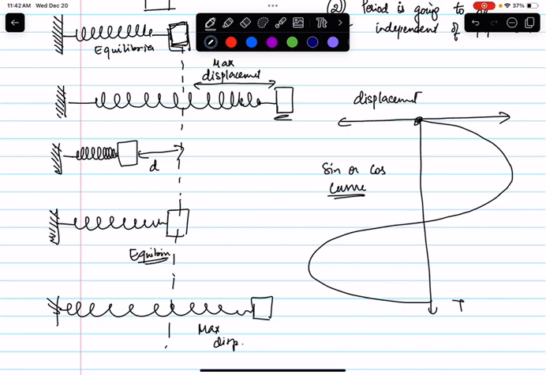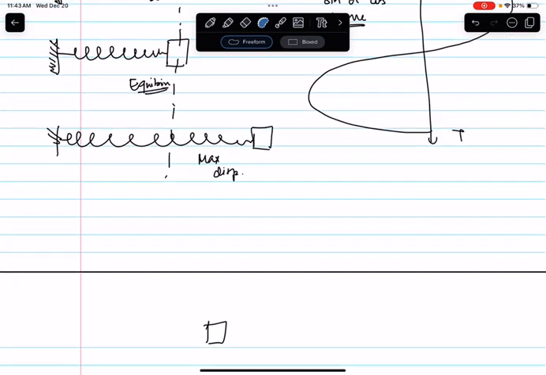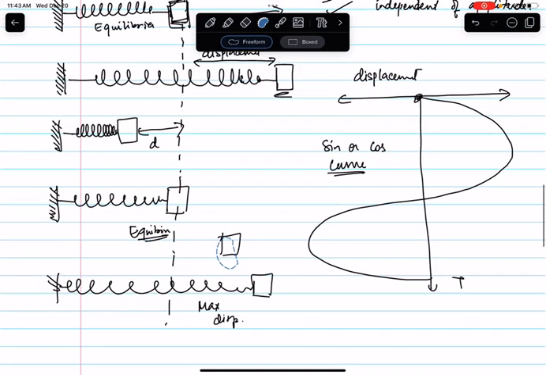Then what you can see is that in this case, the curve that I would be getting is sort of like this curve, right?